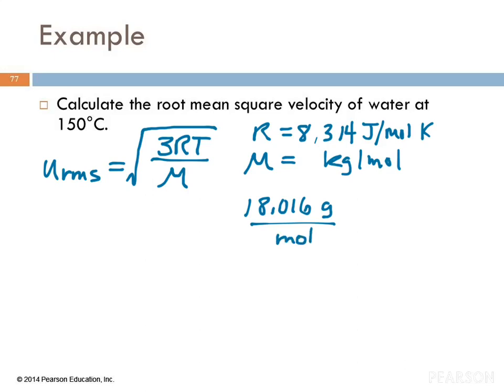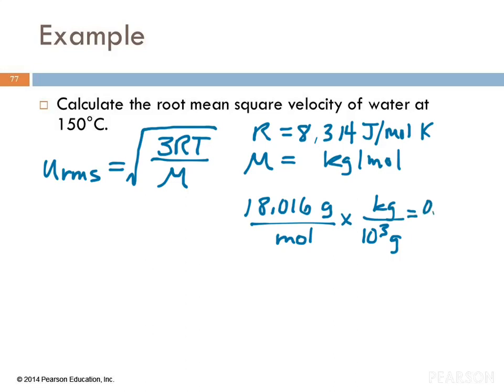We need to convert that to kilograms. To convert grams to kilograms, we're going to move the decimal point 3 places over, or we're dividing by 10 to the third grams per kilogram.